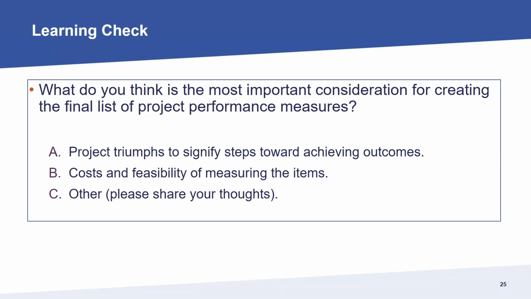Is it B, cost and feasibility of measuring the items? Or is it C, other, where you might want to write in using the chat function to tell us something else would be your top priority for determining what would make that final list? So I'm going to pause and let you respond.